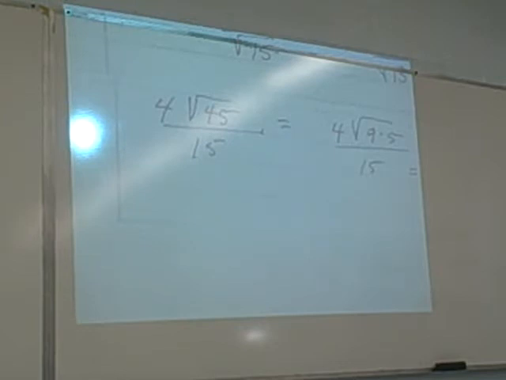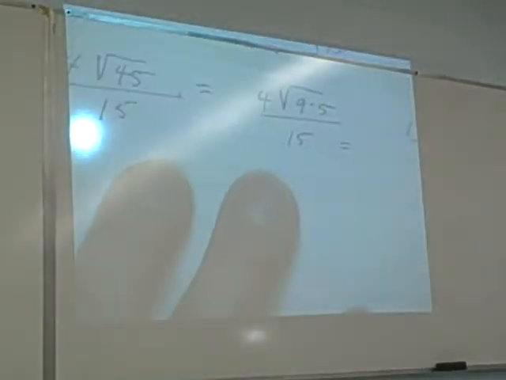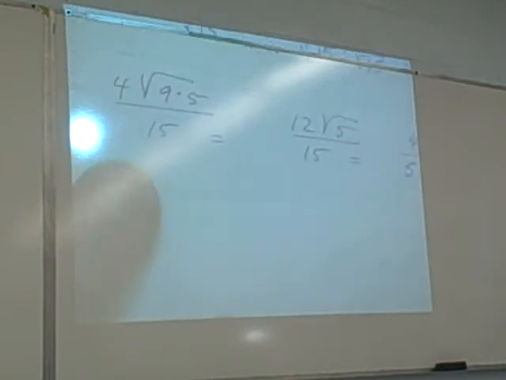And then what do I do? What could I do with the 45? 9 times 5. You're always trying to simplify. And it's really about knowing your multiplication facts and breaking your numbers down again and again and again. So 45 is 9 times 5. And I know that I can take out a 3.